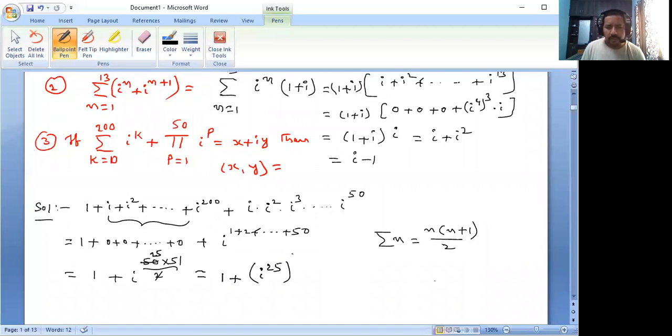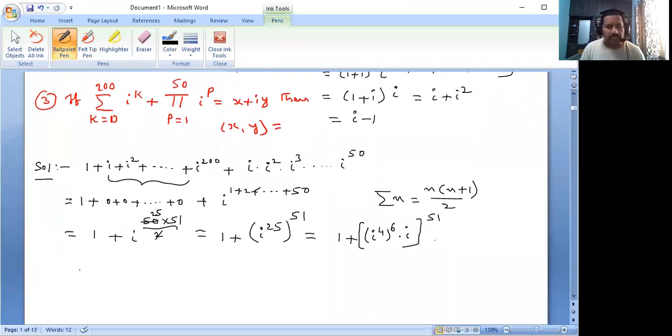Now 1275 means, i power 1275 is written as i power 4 whole power 318 into i cube, okay. This value, i power 4, is 1, or not? 1 power 318 is 1.